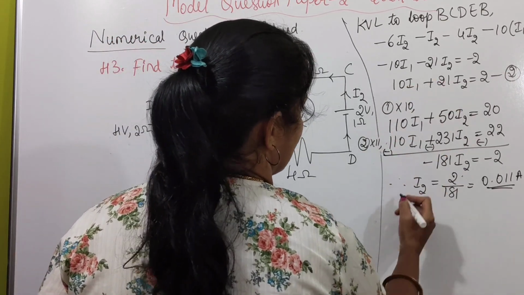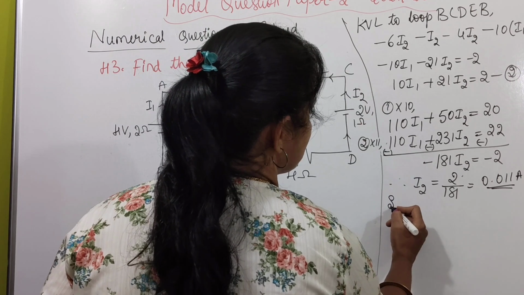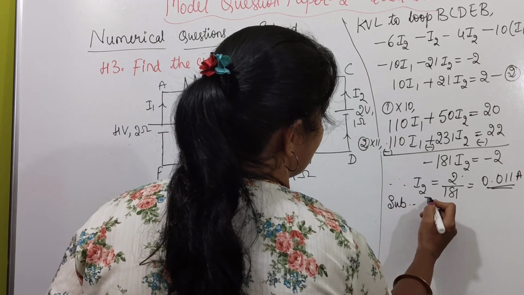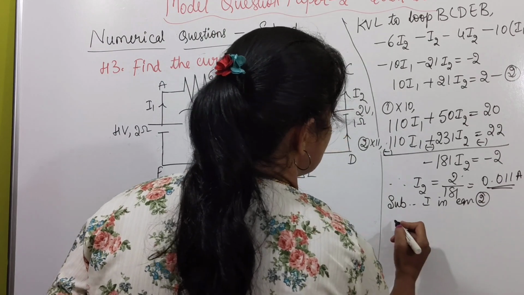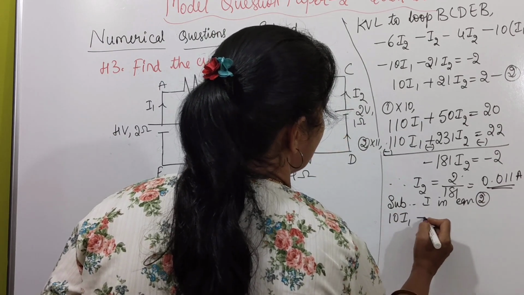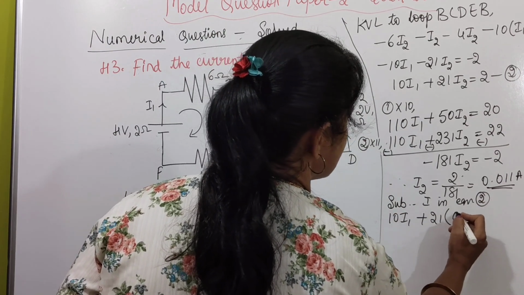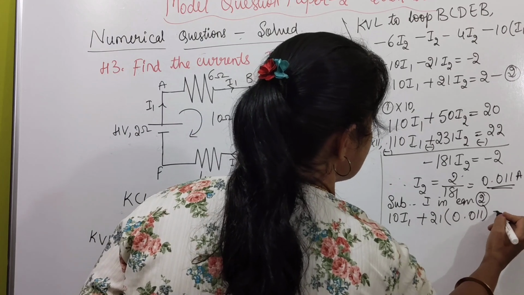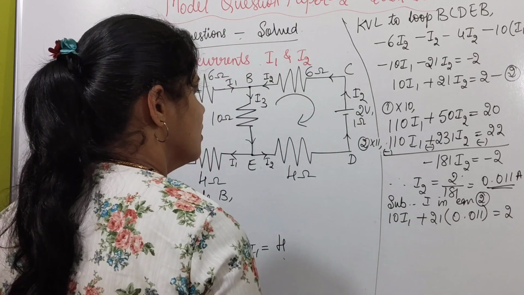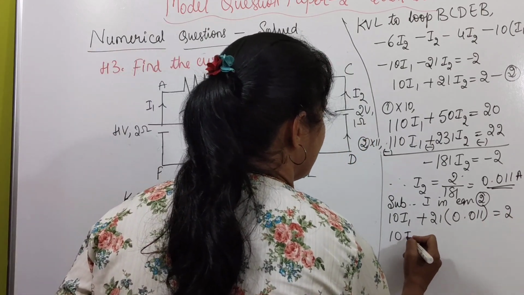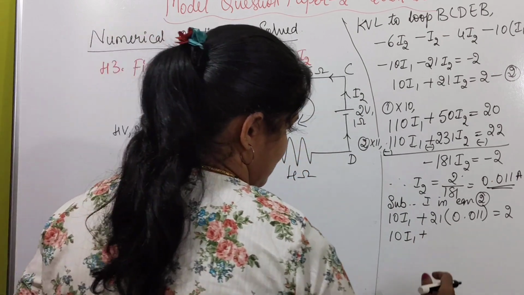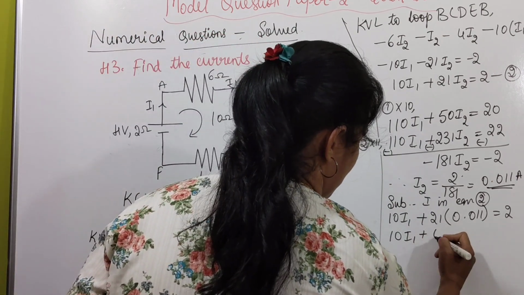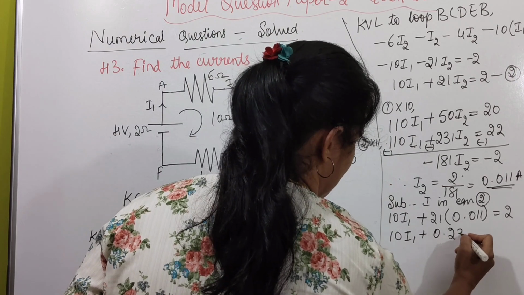Now let us substitute this I2 value in one of the equations, any one. Let us write equation 2. Substituting I2 in equation 2, so 10 I1 plus 21 into 0.011 is equal to 2. Simplify it. 21 into 0.011 becomes 0.231.